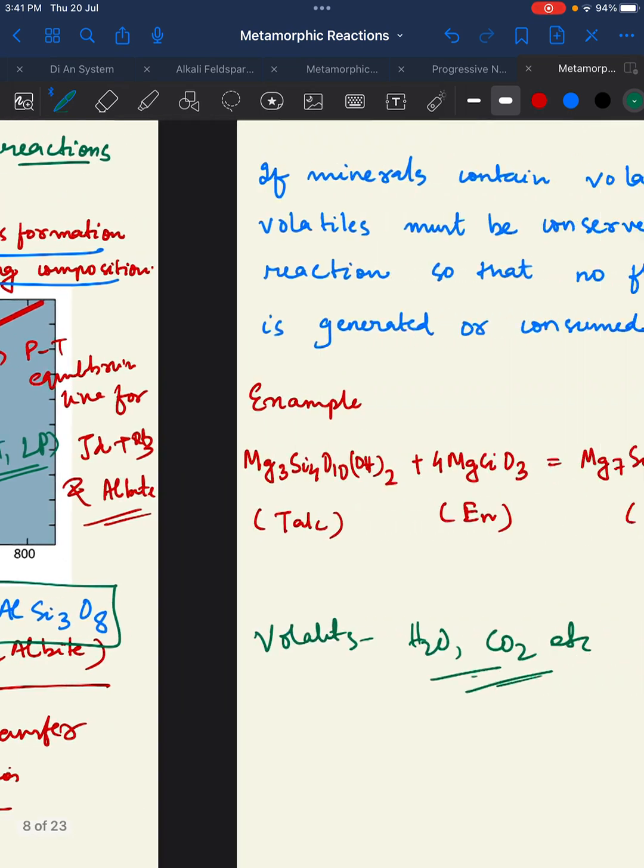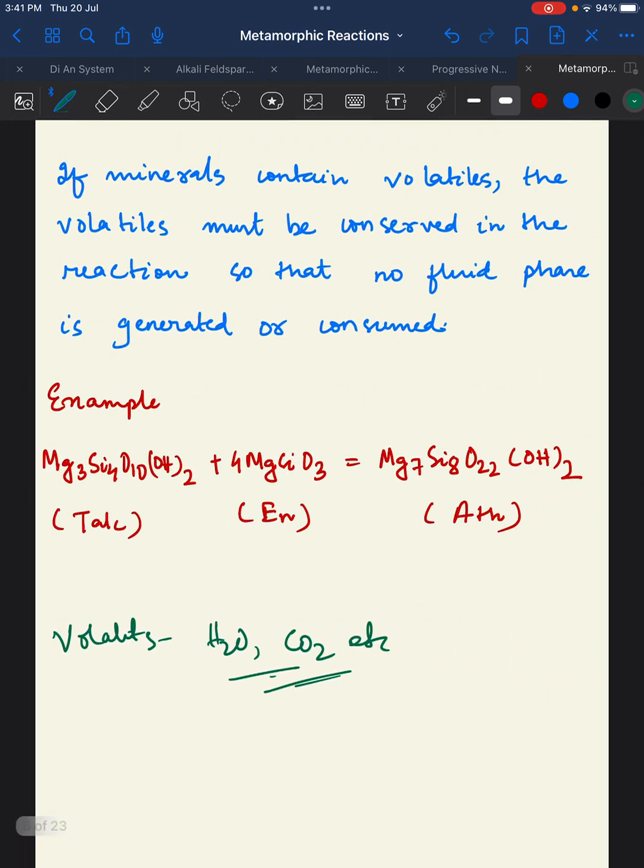If the reaction liberates a new fluid phase, then it will not be a solid-solid net transfer, because a new fluid phase is being formed. So if a mineral contains a volatile, that volatile must be conserved and no new fluid phase must be formed.